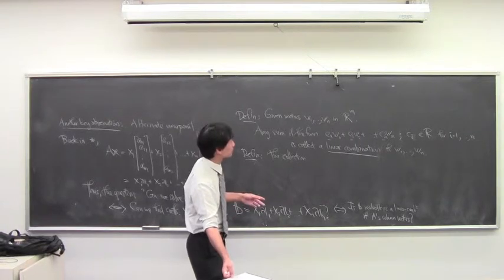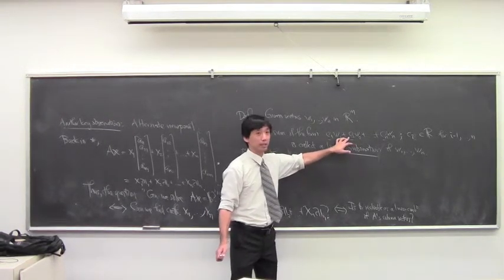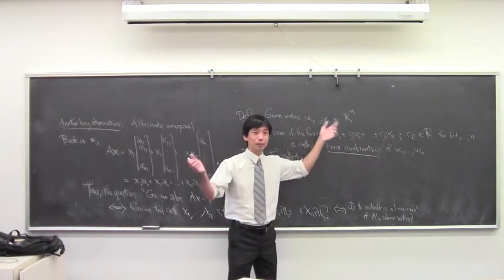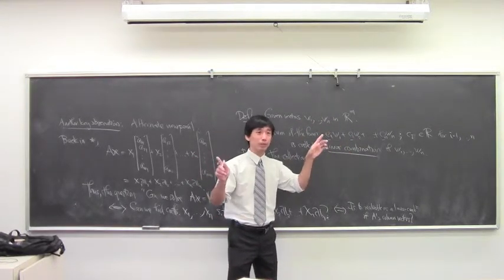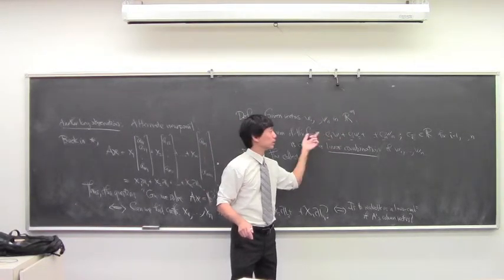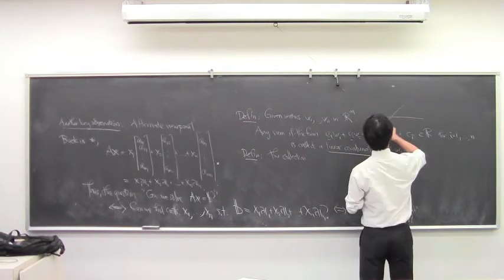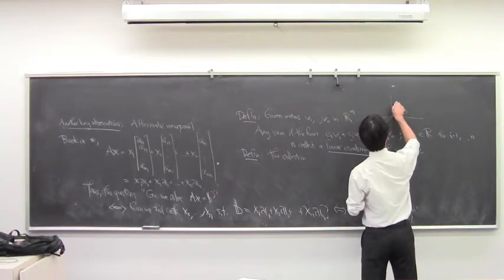So you have a bunch of vectors, and you multiply them, you scale them, and then you add them together. That sum is called a linear combination of the vectors. Like if I'm in space, I have two vectors, u and v.